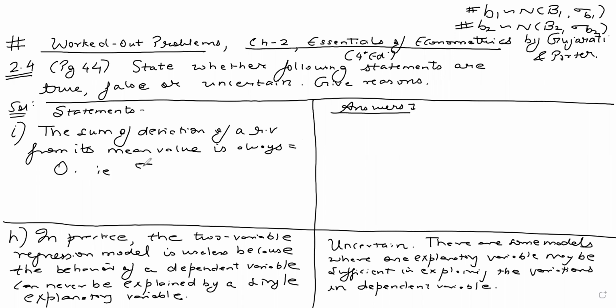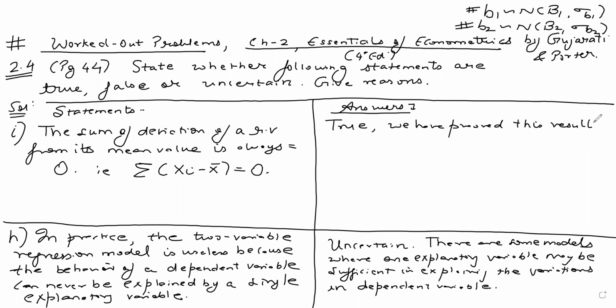That is, the sum of the deviation of a random variable from its mean value is 0. It's a true statement. We have proved this result in our lectures. For perfection, I can just quickly do the proof.